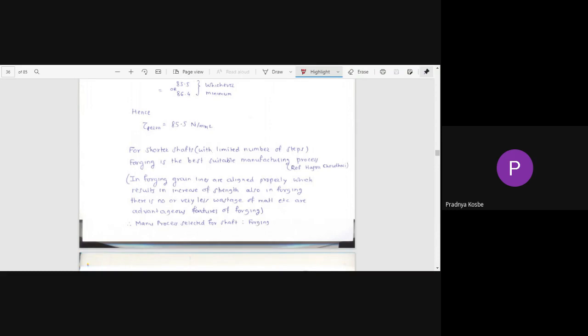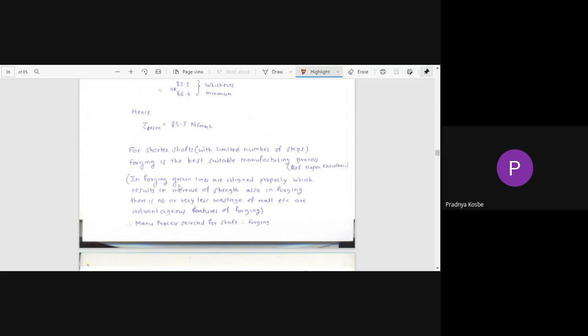Now which manufacturing method is suitable? For shorter shafts with a limited number of steps, forging is the most suitable manufacturing process. For this, the reference is Hajra Chowdhury.